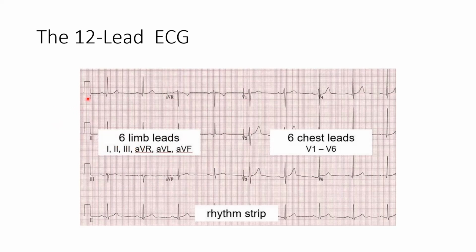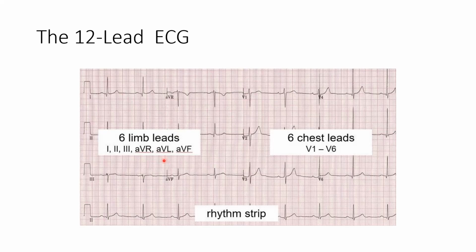And they are lead 1, lead 2, lead 3, AVR, which stands for augmented vector right, AVL, augmented vector left, and AVF, augmented vector foot. So those are the 6 limb leads in a 12-lead ECG.